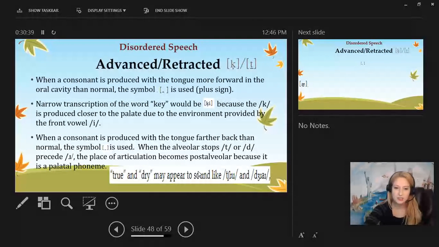When a consonant is produced with the tongue further back than normal, the minus sign symbol is used. When the alveolar stops T or D precede the R, the place of articulation becomes post-alveolar. True and dry may appear to sound like chrue and jry.